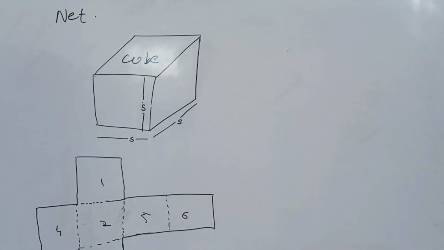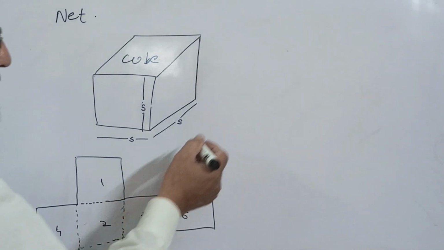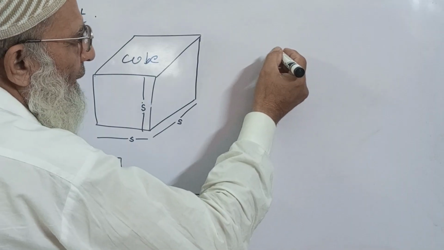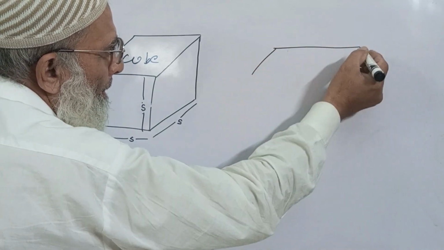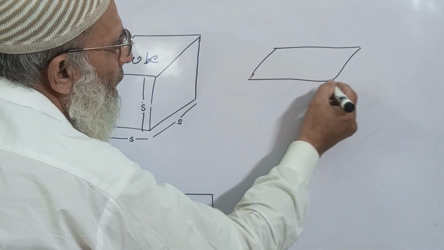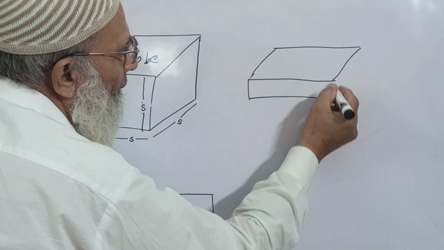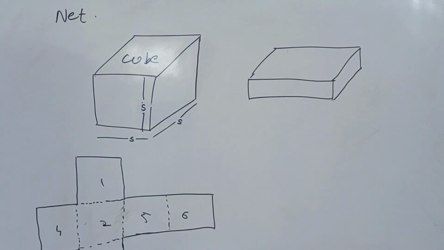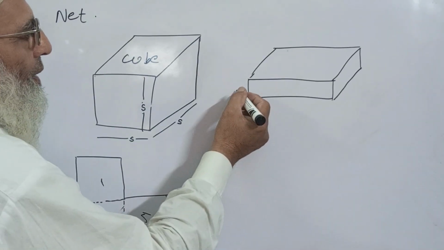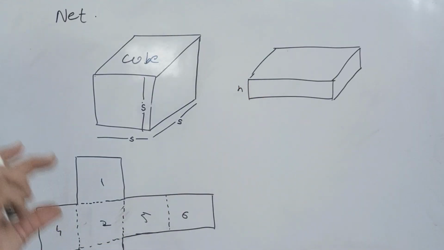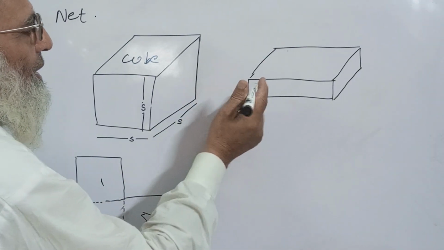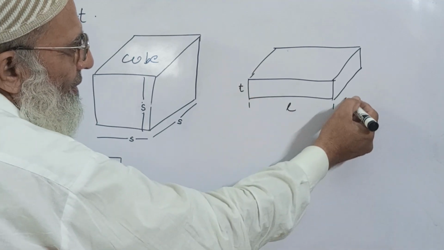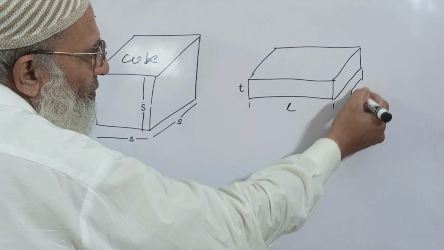Okay? But in cuboid, now I've shown you the book. The cuboid is like this. Now this is a cuboid. Height is, you see, thickness. You can say it is a thickness. This is length. And this is breadth.